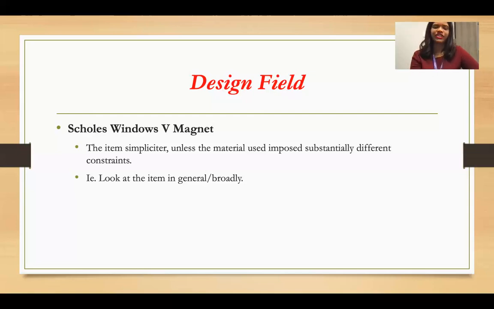So design field is one thing that the courts take into account. So what do the courts do in design field? Just say you have a notional designer. For example, say all these designers are in clothes.